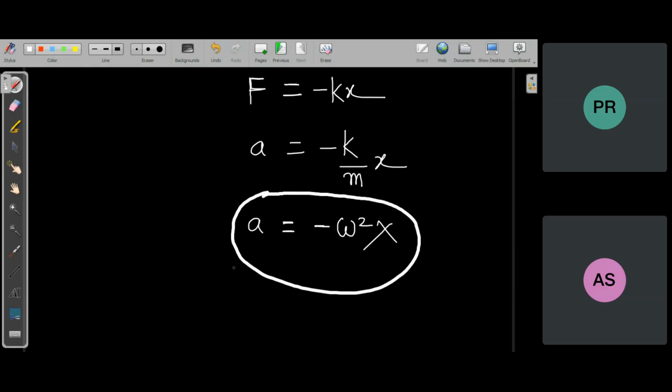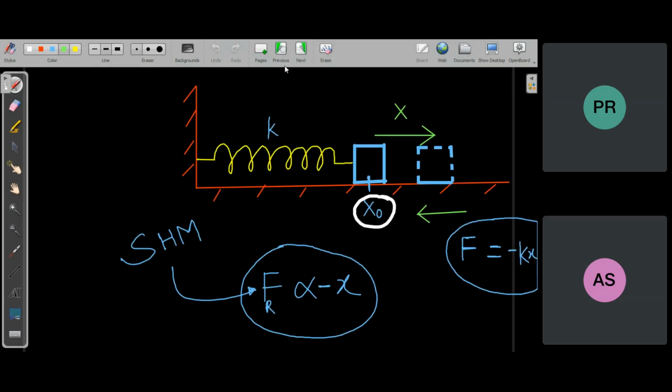So this can also be called the governing equation of SHM, that we will call the motion of a particle SHM if the acceleration of the particle follows this equation. Both represent the same thing.